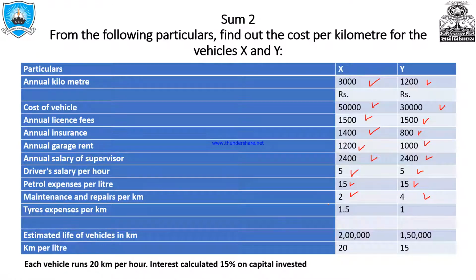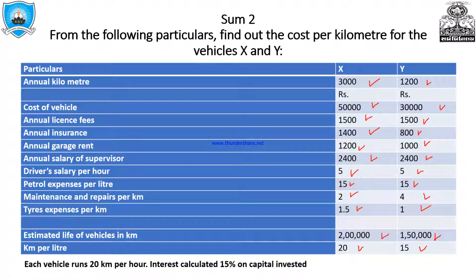Tire expenses per kilometer 1.5 for X and 1 for vehicle Y. The estimated life of the vehicle is 2 lakh kilometers for vehicle X and 1,50,000 kilometers for vehicle Y. Kilometers per liter: 20 for X and 15 for Y. It means on 15 rupees of petrol, vehicle X runs 20 kilometers, and vehicle Y runs 15 kilometers.